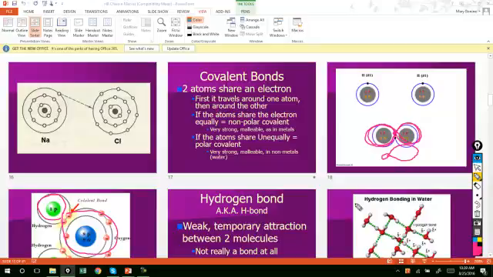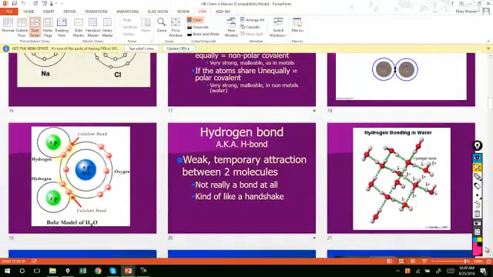And in that case, it actually creates little charges on the molecule. So if you looked at a water molecule, it actually has a head and a tail. And the end where the electron spends very little time would be somewhat positively charged over here by the hydrogens.